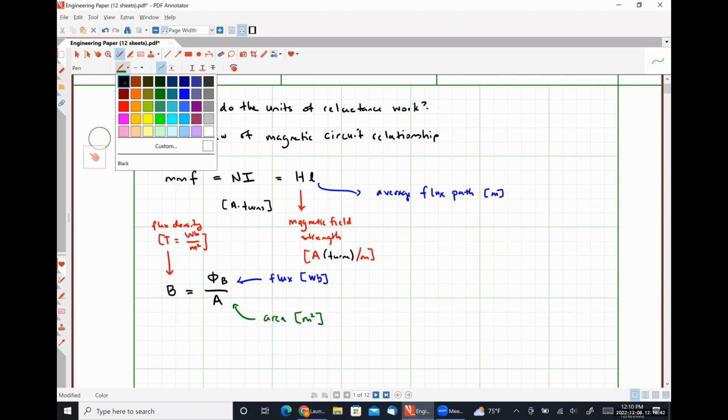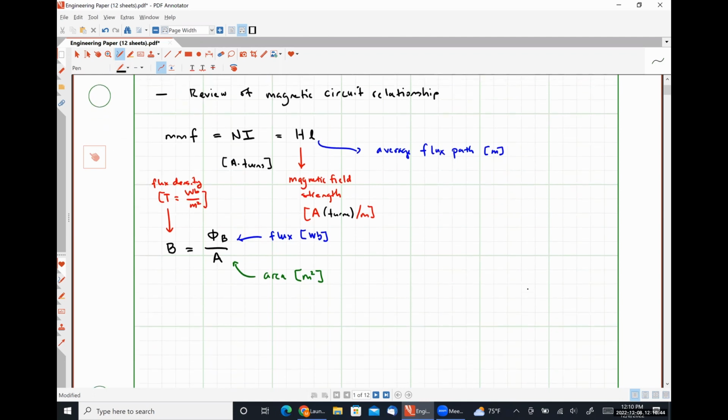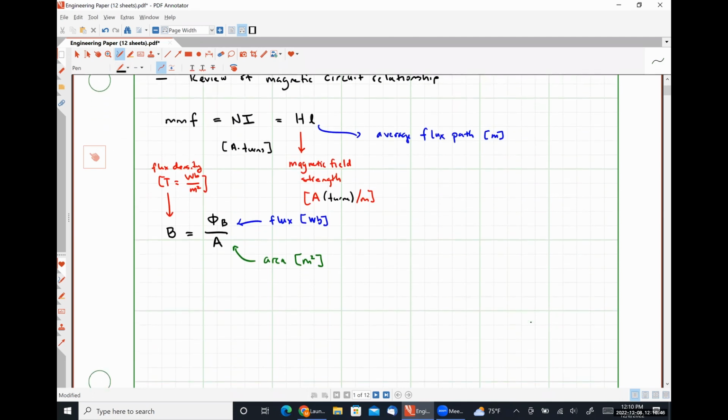So now let's look at Ohm's law for magnetic circuits. Ohm's law for magnetic circuits is Ni is equal to flux times reluctance.